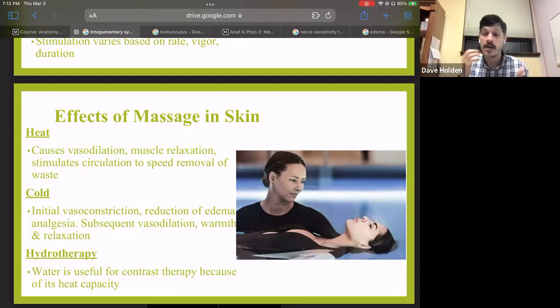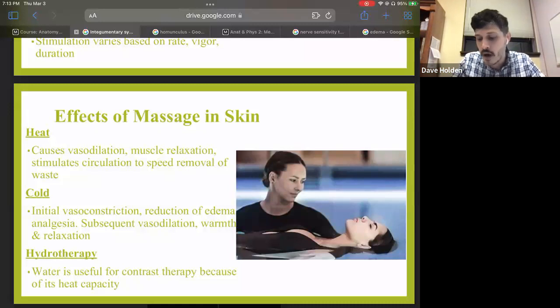Start and end with cold, because the idea is you want to finish the body constricting all those blood vessels. You want to seal it off from the work that you've just done, right? You've increased circulation, you got all those nutrients brought in, all the waste products brought out. Now that you've cleaned it all up, close it down. Finish and start with cold.